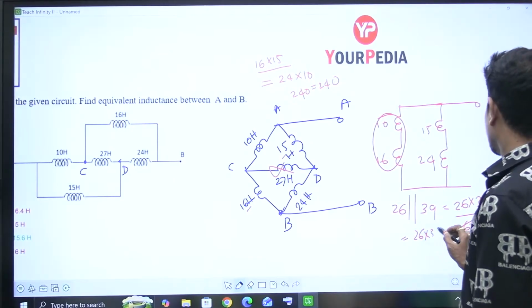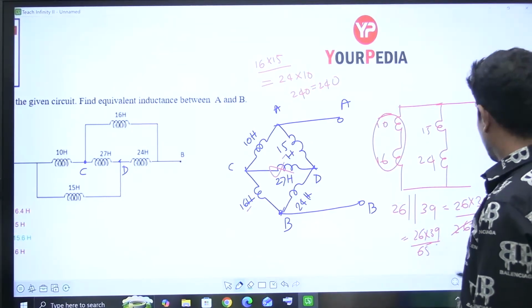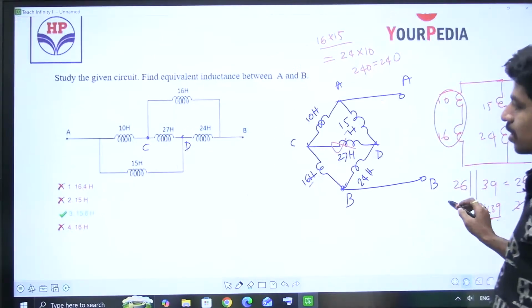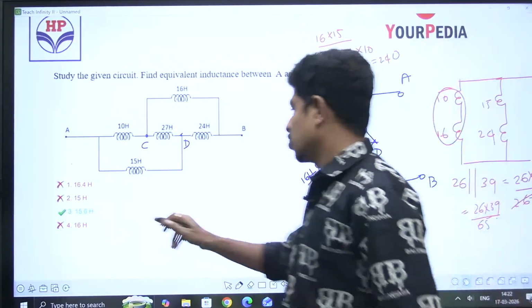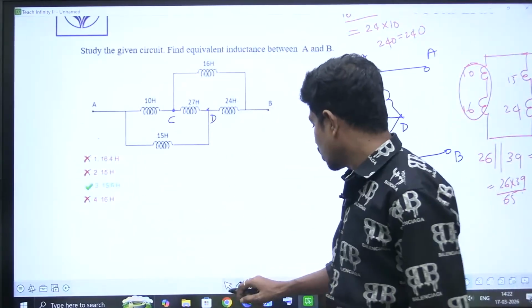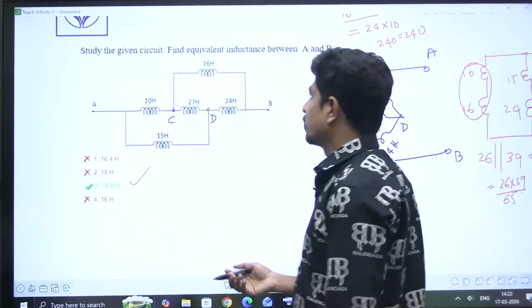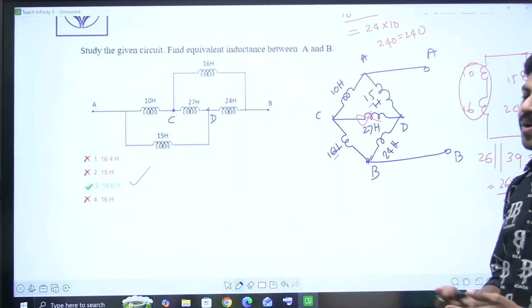So 26 into 39 divided by 65 is the answer. It is exactly 15.6. Option is 3. Simple question.